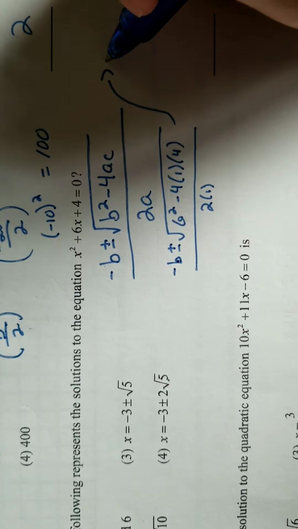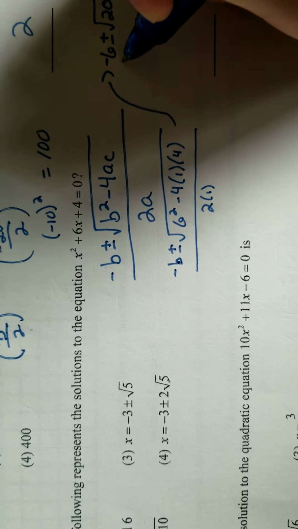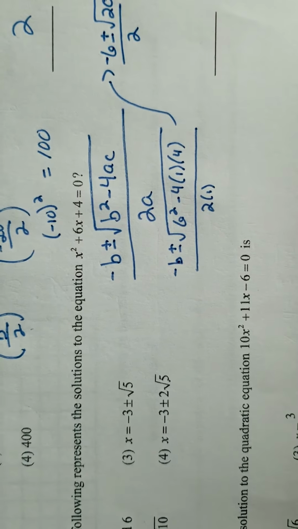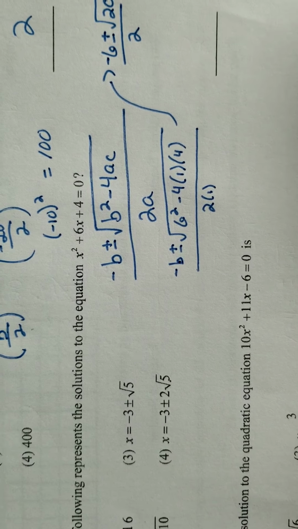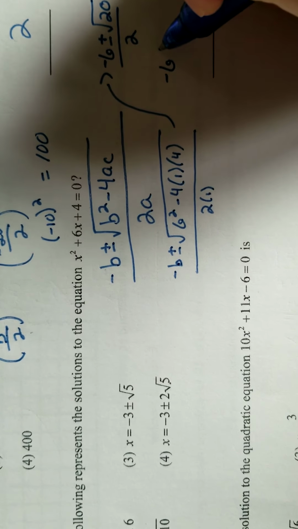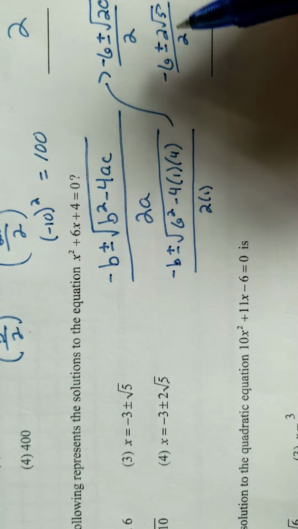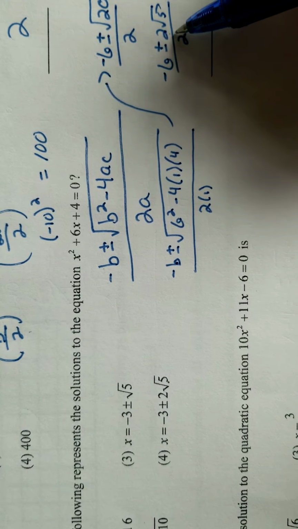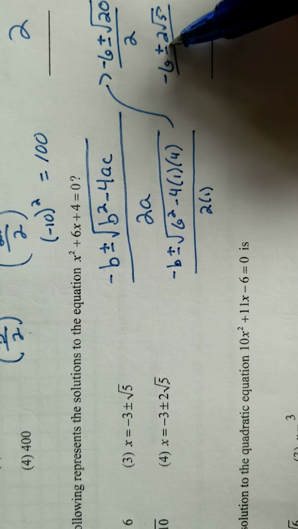And I've got negative 6 plus or minus the square root of 20 all over 2. Now remember, the square root of 20 can be simplified to 2 square root of 5. So negative 6 plus or minus 2 square root of 5 all divided by 2. Now you're looking at these 3 numbers out in front. They're all even, so that means we can reduce this fraction.